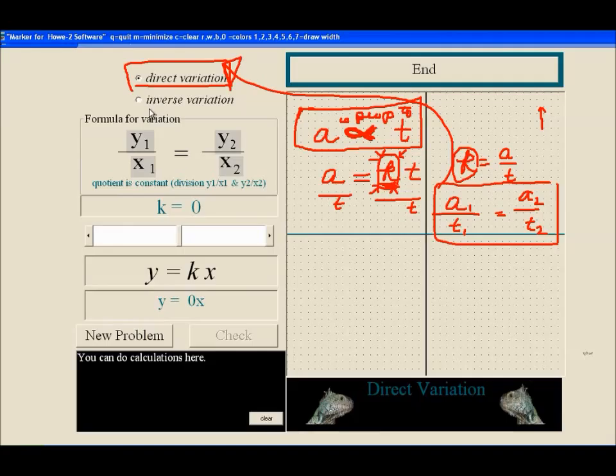Now, in indirect, or inverse, variation, the amount is proportional not directly to the thing. It's for when the one gets bigger, the other doesn't get bigger. It's proportional to the inverse, or the reciprocal, of that amount.